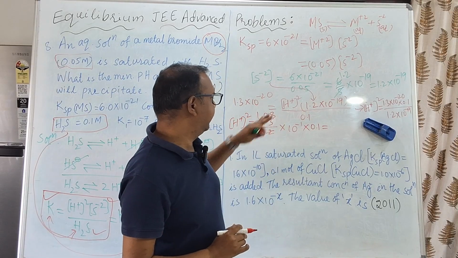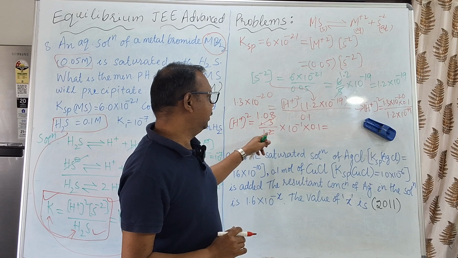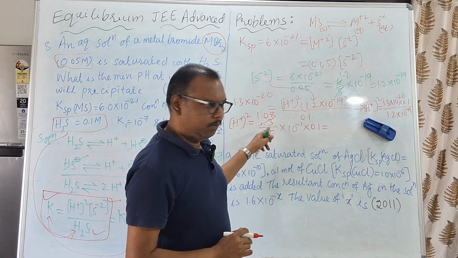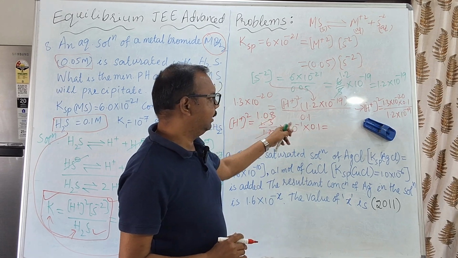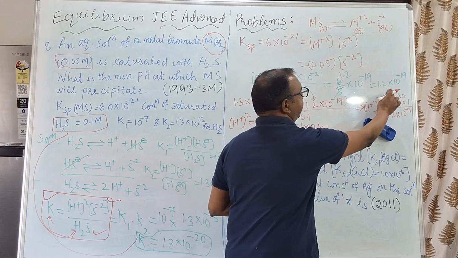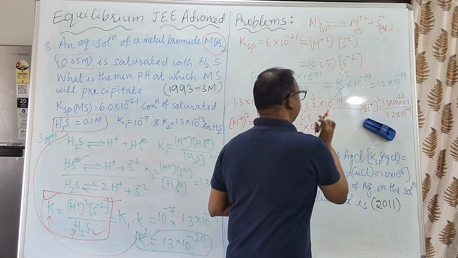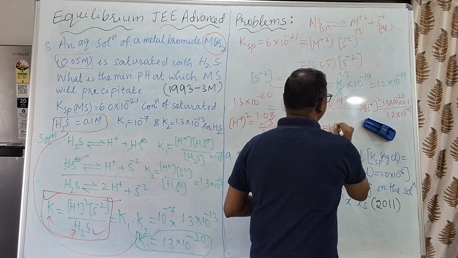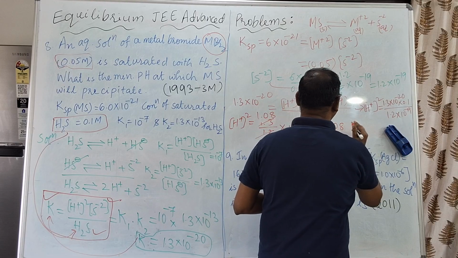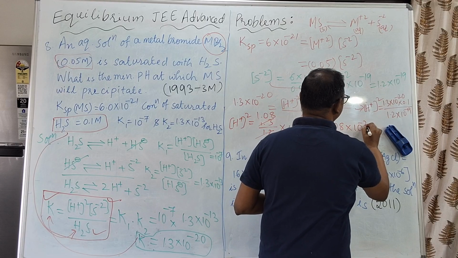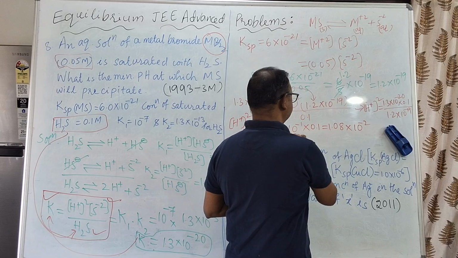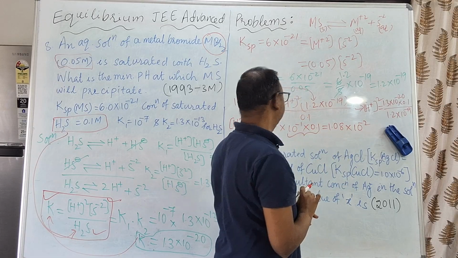Okay, you keep that in mind. 1.3 by 1.2 becomes 13 by 12. 13 by 12 means 1.08 into 10 power minus 1, because 10 power minus 20 plus 19 becomes 10 power minus 1, into 0.1. I am rewriting this as 1.08 into 10 power minus 2, because 10 power minus 1 and 10 power minus 1 together become 10 power minus 2.